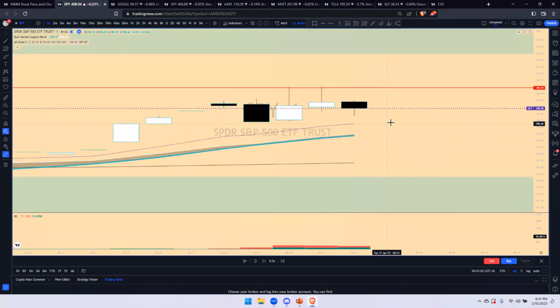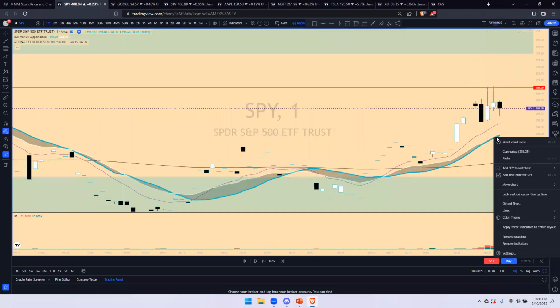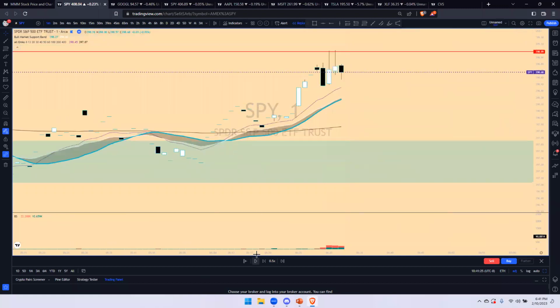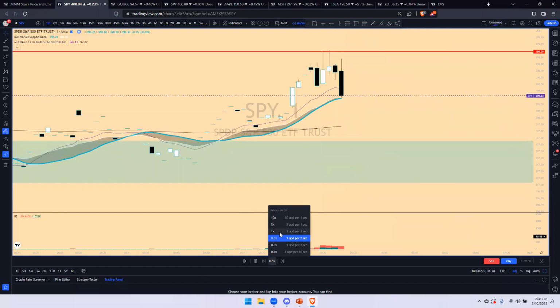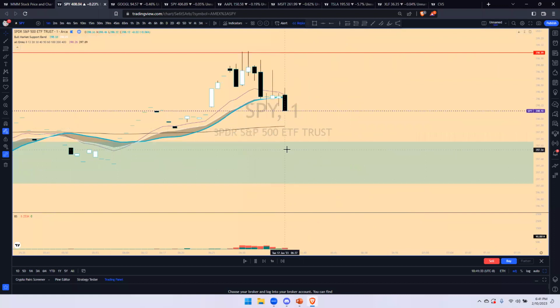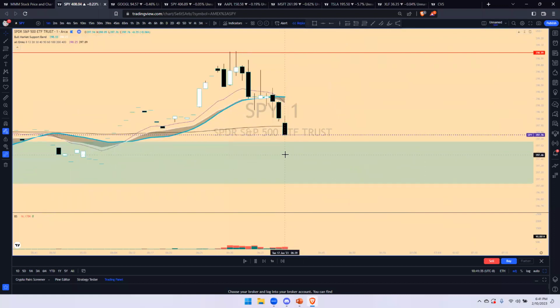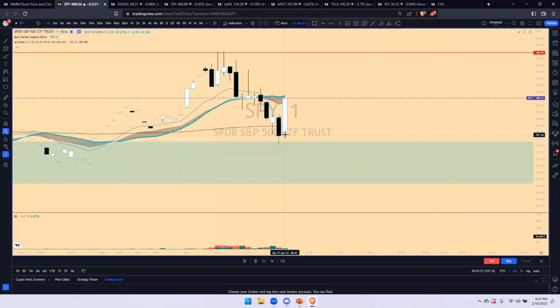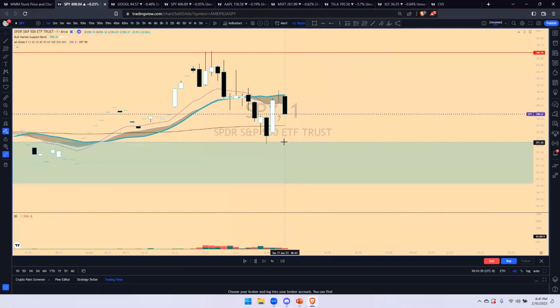All right, let's go. I'm gonna skip market open because I don't really use the EMAs for the market open. I think they need about 30 minutes to calibrate, so I'm just gonna skip the whole market open here.